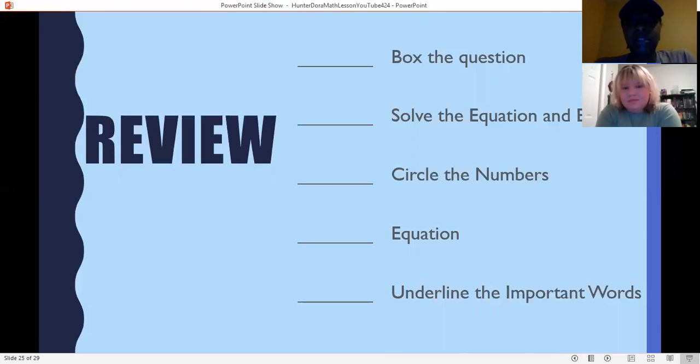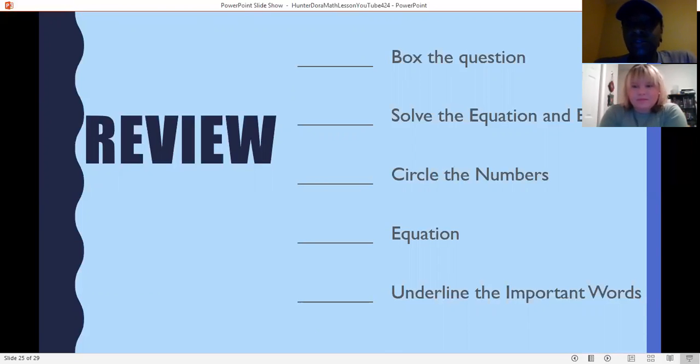Would it be box the question, solve the equation and explain, circle the number, find the equation, or underline the important words? What do you think it is, friends? What is our first step when using the cube strategy? Think about how you would spell cubes. That is a big clue to help you put these into our order.